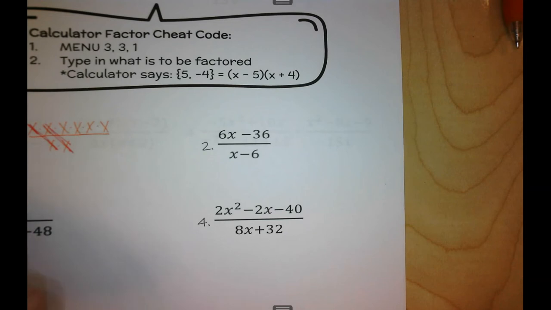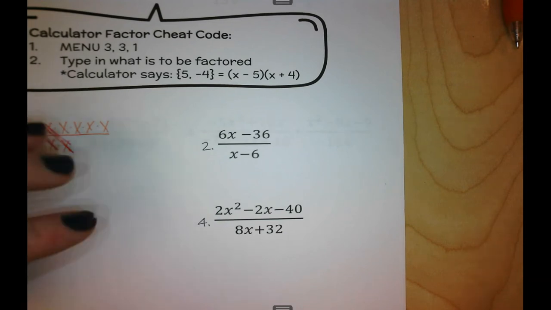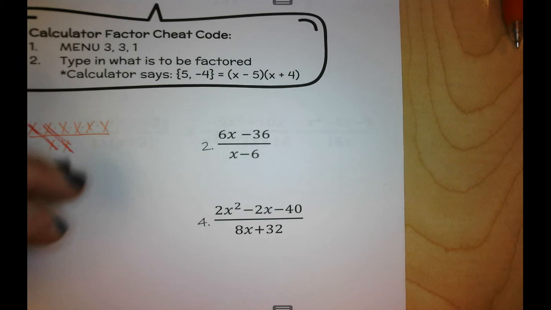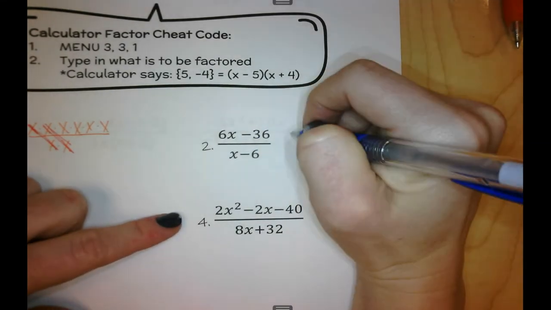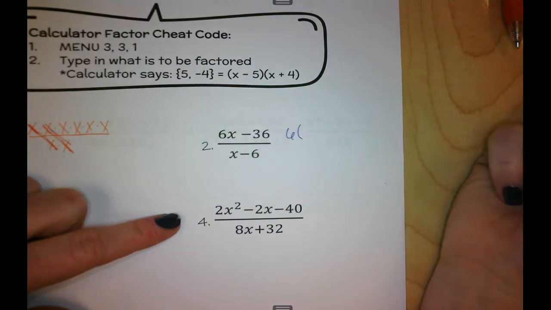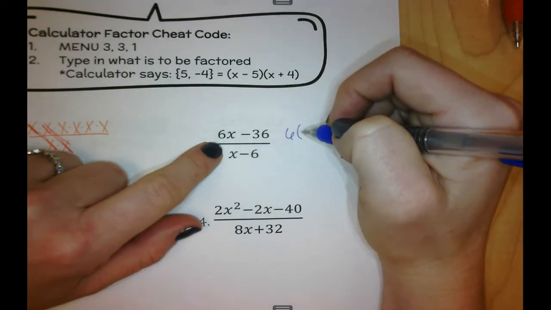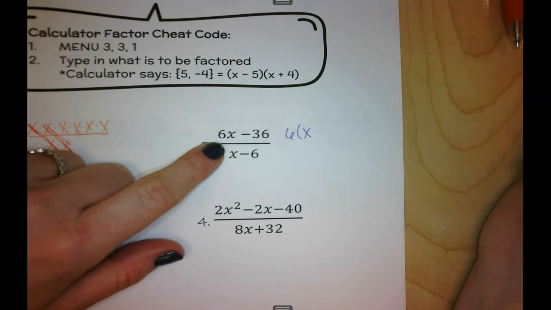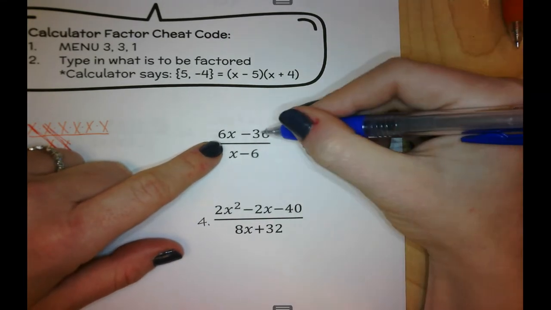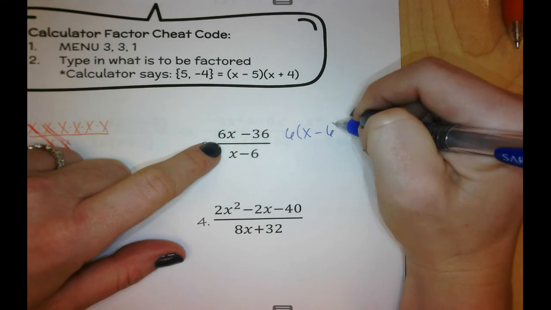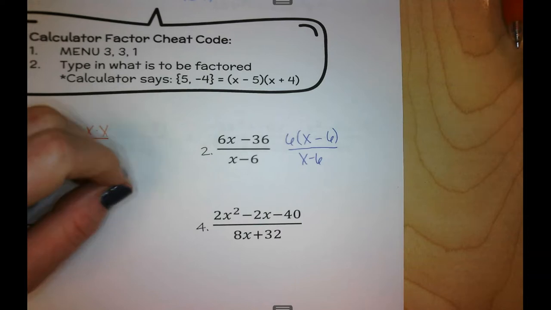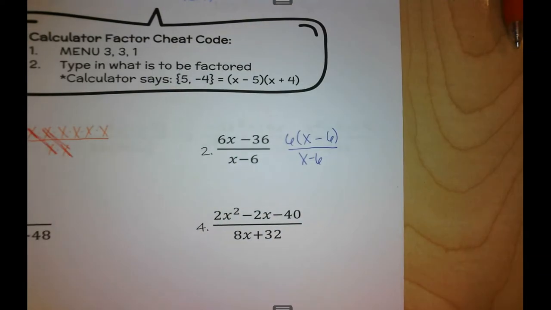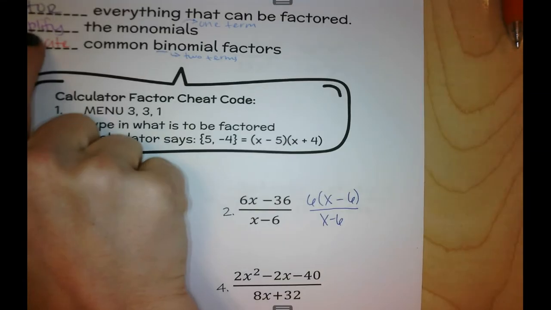Yes, in fact it can, because remember our first step to factoring is factoring out the GCF, and between these terms there is a 6 that is common. So if I take 6x divided by that 6, I'm left with x on the inside. I take 36 divided by 6, I'm left with 6 on the inside. Okay, so we got 6 times x minus 6 divided by x minus 6. So that's the first step.